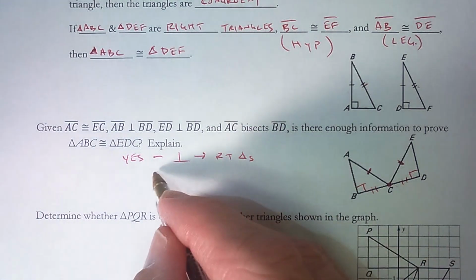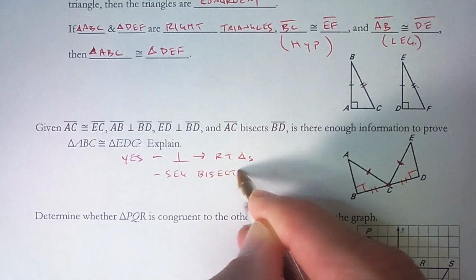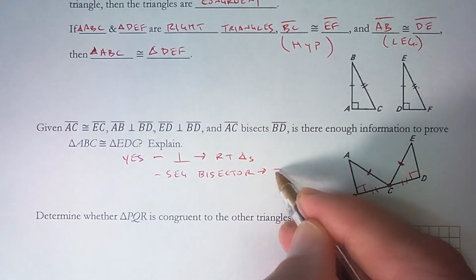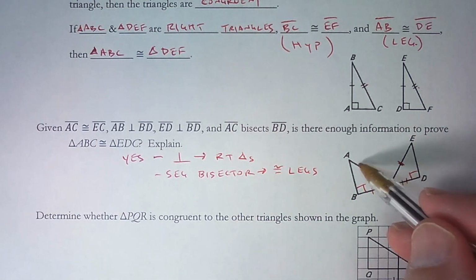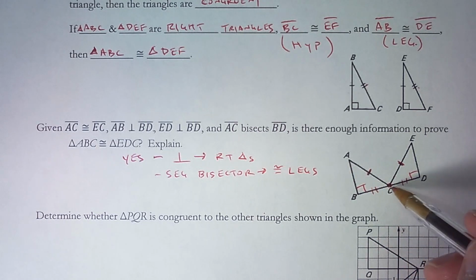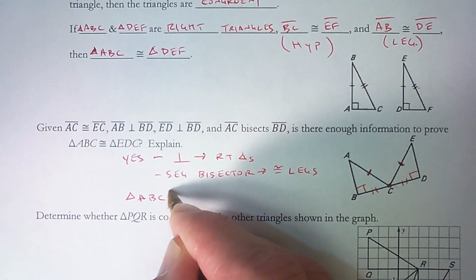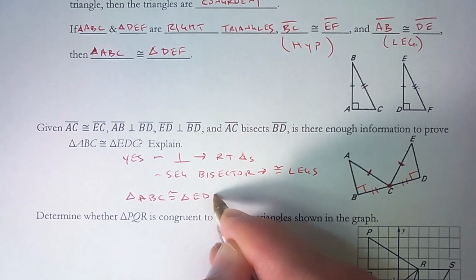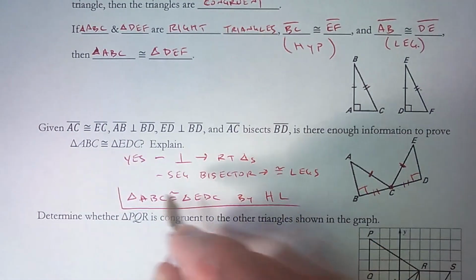Then this segment bisector gave us congruent legs, and part of the given was the congruent hypotenuse. So I can say that triangle ABC is congruent to triangle EDC by hypotenuse leg.